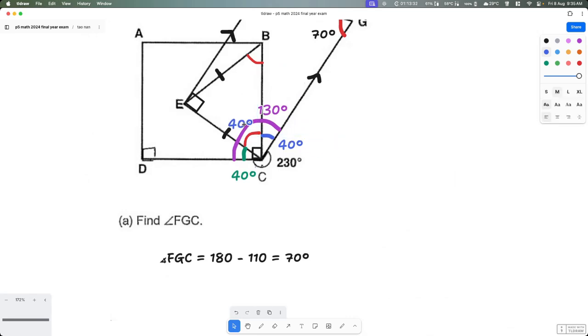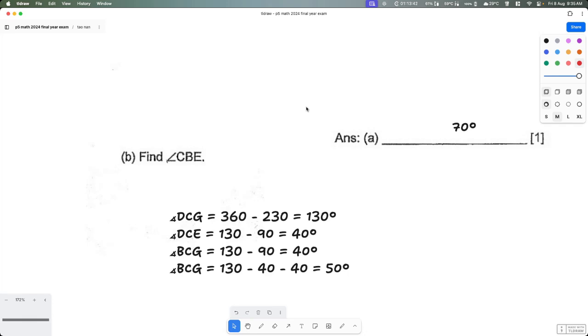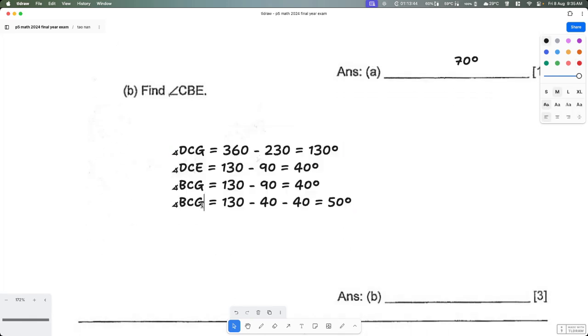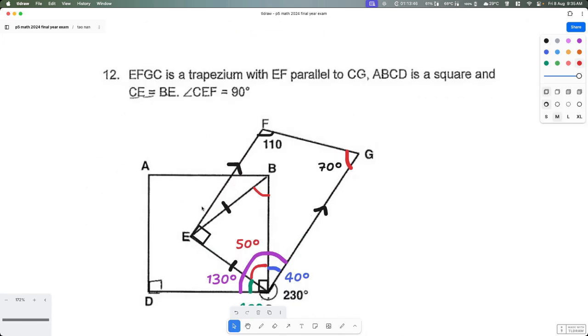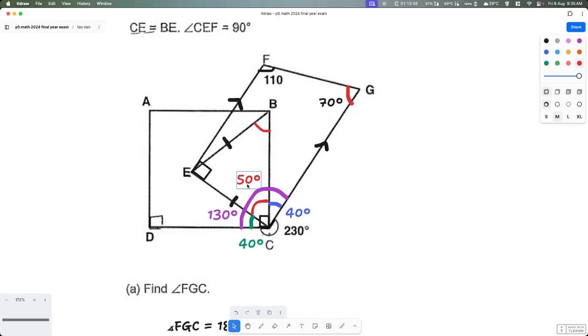I'm going to put here the red one. 130 is here. So this will be 50 degrees. That means CBE, BCE, not BCG. BCE is 50.